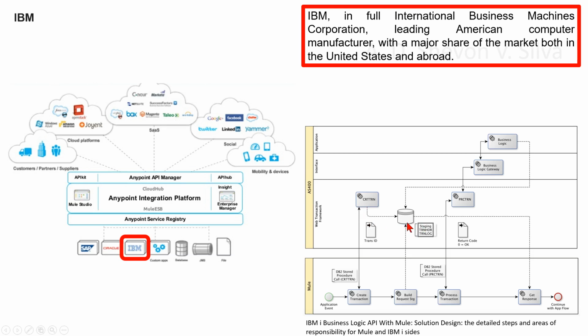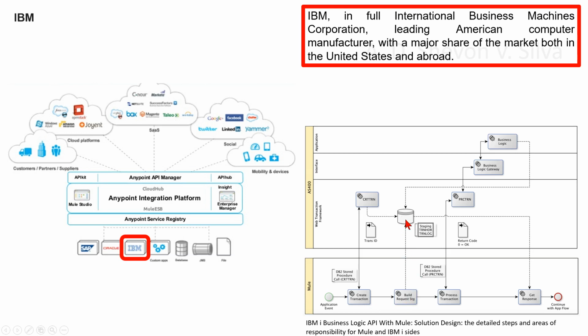Here you can see via transaction ID, and staging TRN HDR, TRN log. And here create transaction is connected to build request STG, and it's connected to the staging.